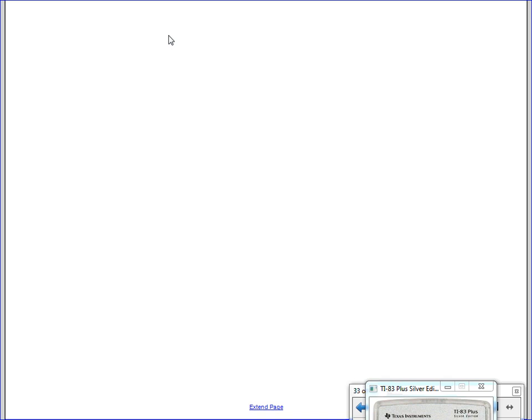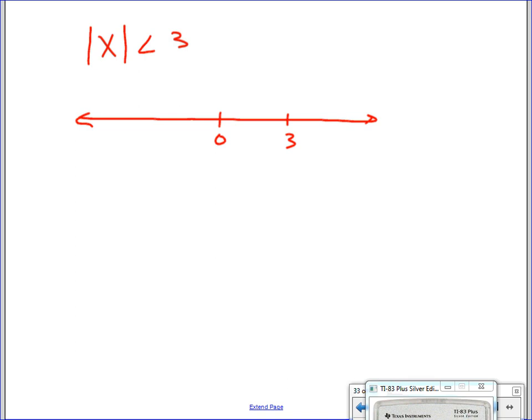If we have the absolute value inequality, the absolute value of x is less than 3. If we think about this on the number line for a minute, here's the number line, here's 0, here's 3. Now, many of you were taught when you were a bit younger that the absolute value of a number is really a measure of how far it is from 0 on the number line. Well, any number between 0 and 3 is less than 3 units away from 0.